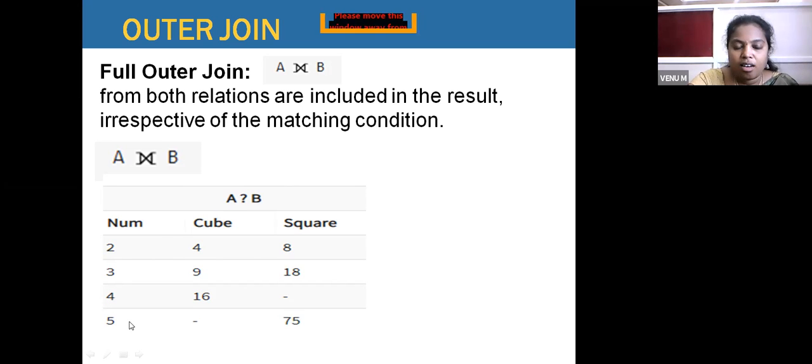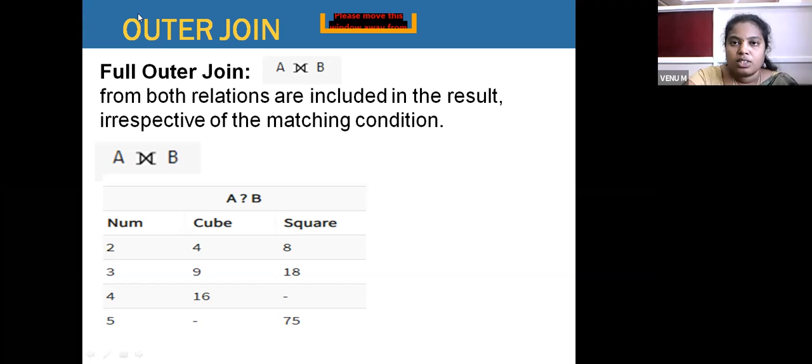The first three are from the left outer join, and the next three, 2, 3, 5, are from the right outer join. So we put null here based on the left outer join, and here based on the right outer join. Full outer join is the combination of left and right outer join. So this is the output of the full outer join.